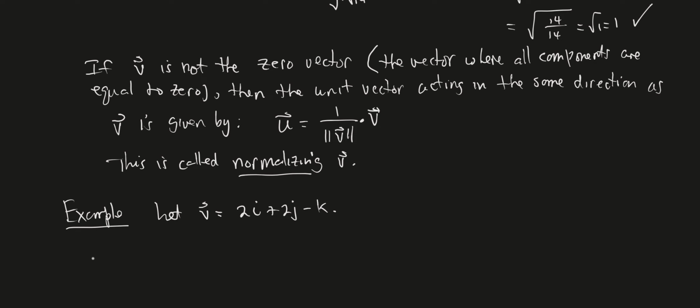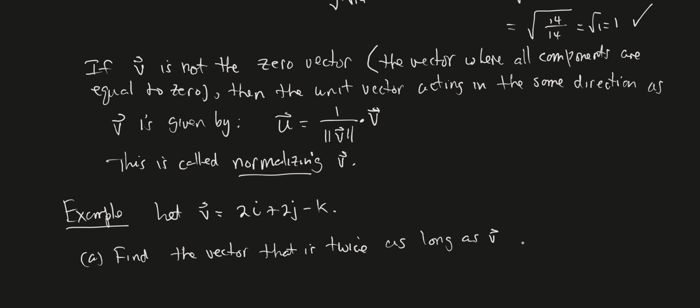Let's do part A: find the vector that is twice as long as v, acting in the opposite direction of v.